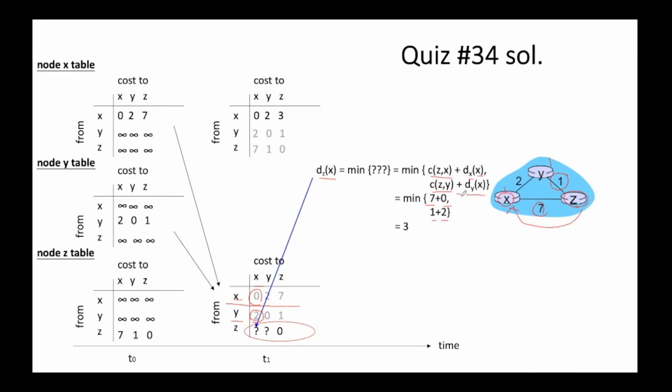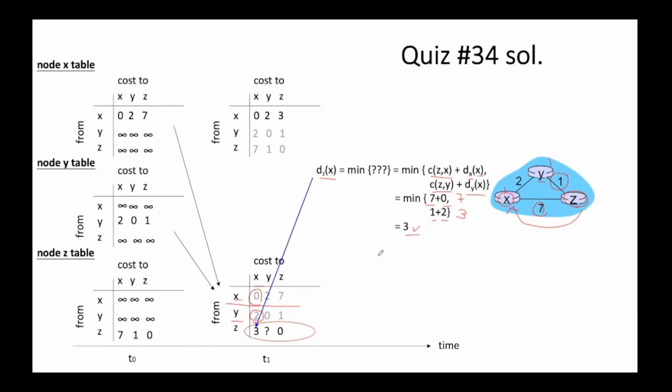Going through x, we get a path cost of 7. Going through y, we get a path cost of only 3. Therefore, 3 wins. So you see here, to go from z to x, the shortest path distance is 3, and the next hop is obviously y.